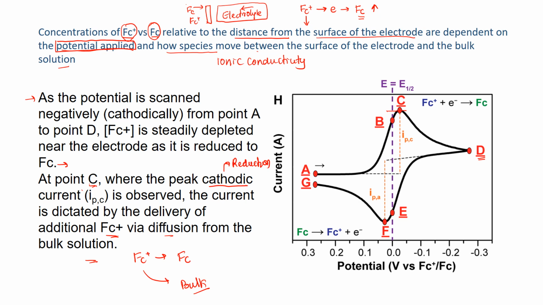There is a transport of Fc plus ions towards the electrode. So here, if I consider this as the bulk material, from somewhere very far from the electrode, the Fc plus gets moved towards this electrode, and this transfer is called mass transfer, and the process is called diffusion, because diffusion occurs from higher concentration to lower concentration.